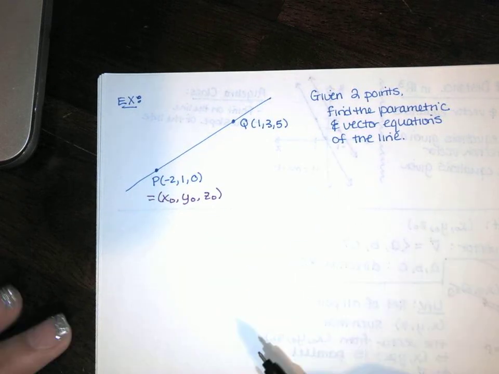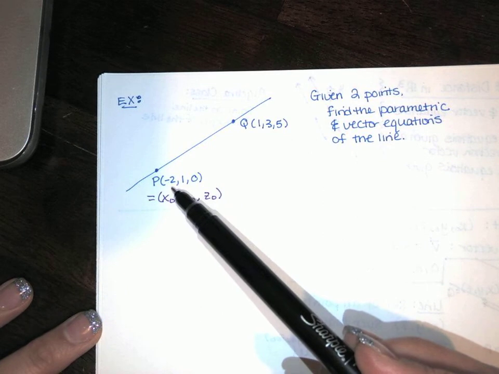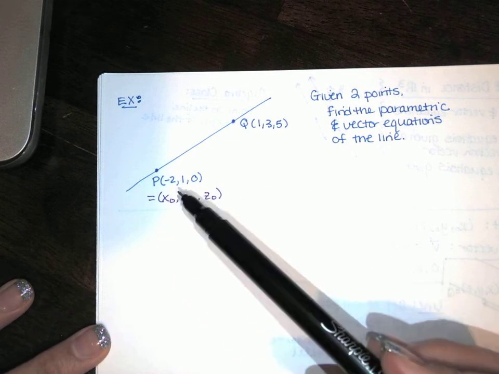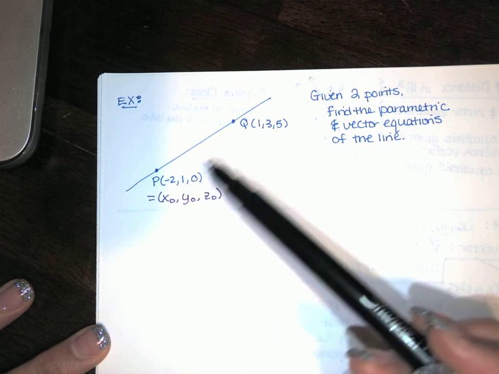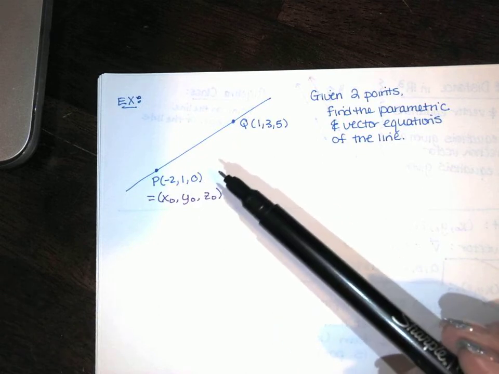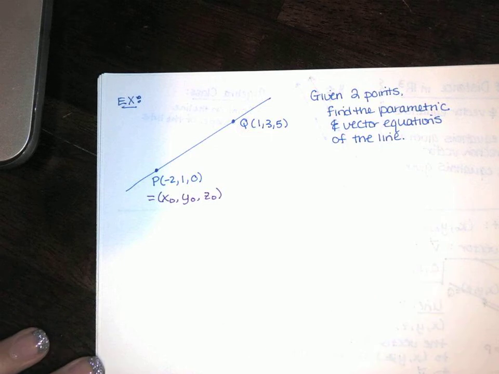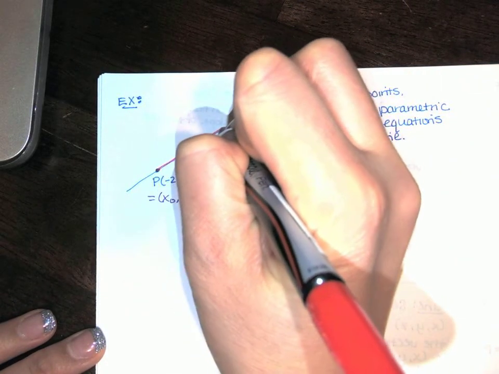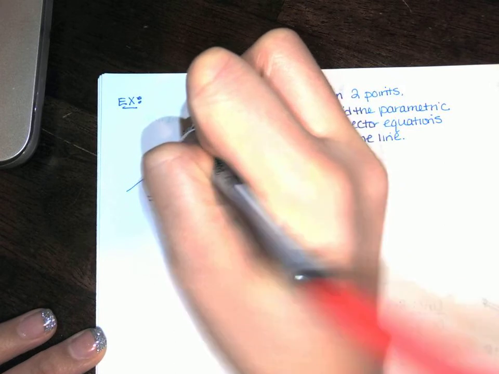This is the same thing. I've actually got 2 points, and those 2 points together can give me the sense of the direction of the line. I don't know what v is, but v could certainly be the vector that starts at P and ends at Q. That's a fine choice for v.